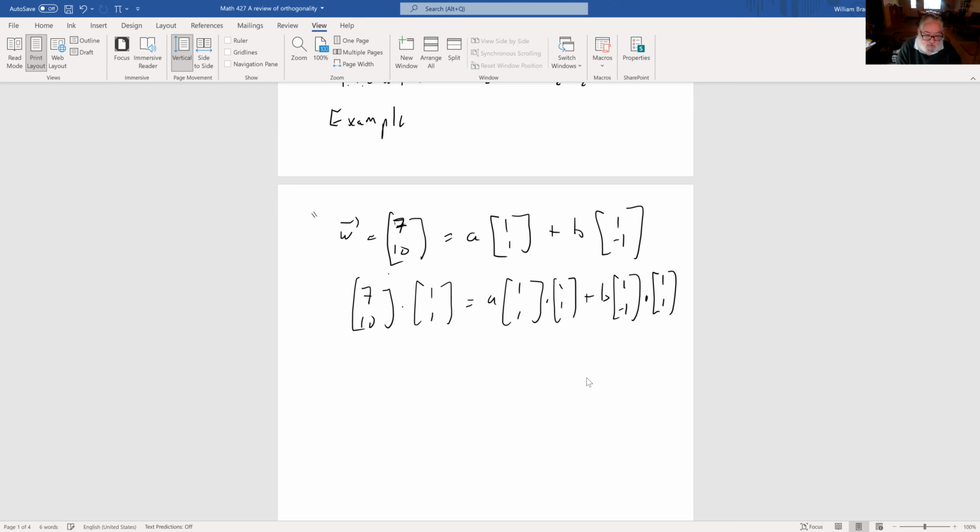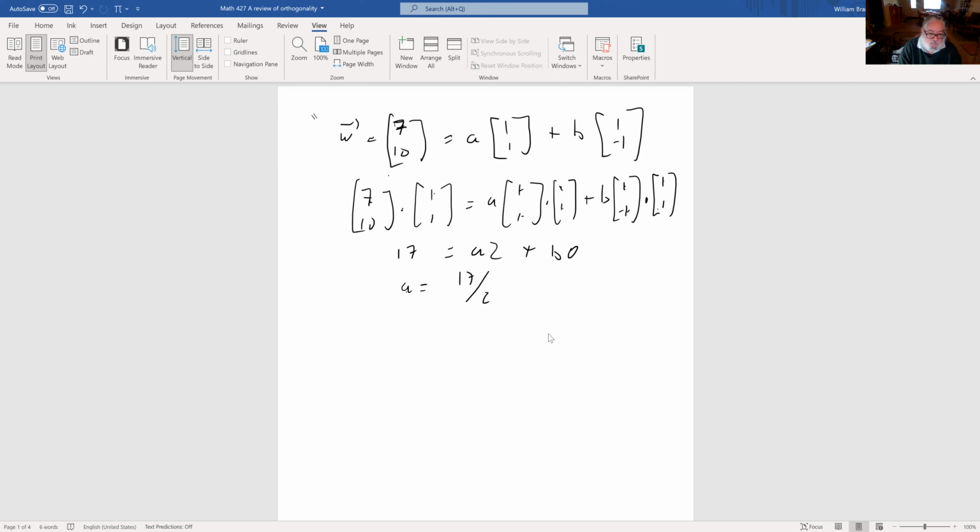Those are dot products. So this becomes 7 times 1 plus 10 times 1, which is 17, equals A times 1, 1 dot 1, 1, which is 2, plus B times 0, since 1 plus minus 1 is 0. So we get A equals 17 over 2.